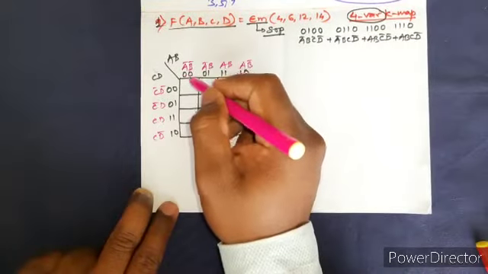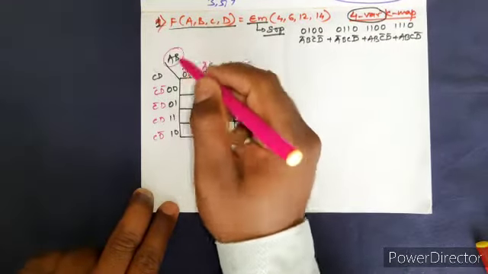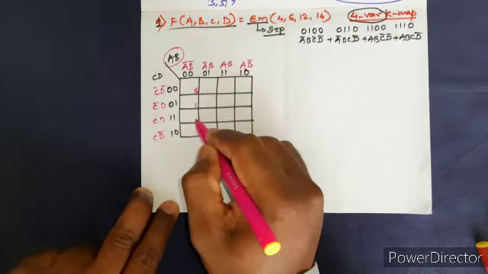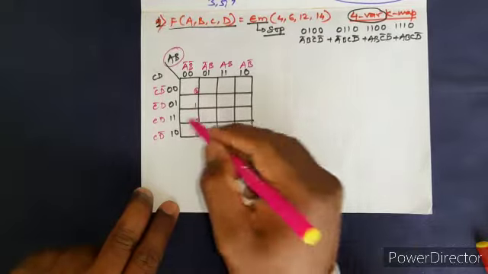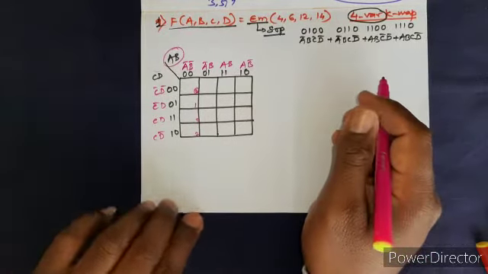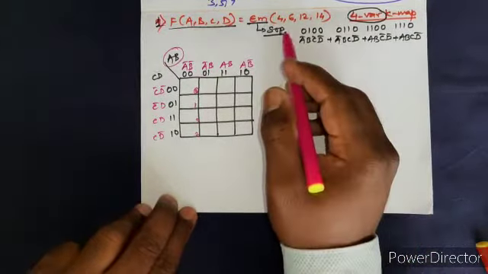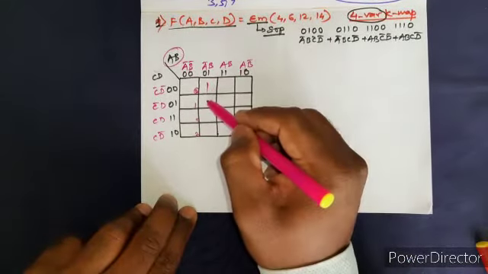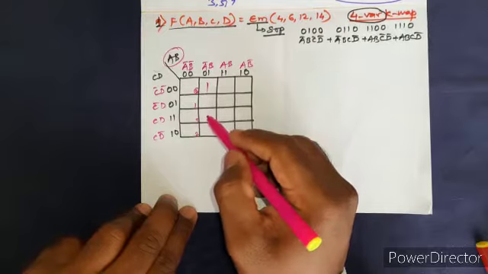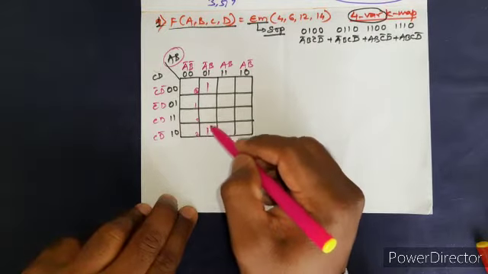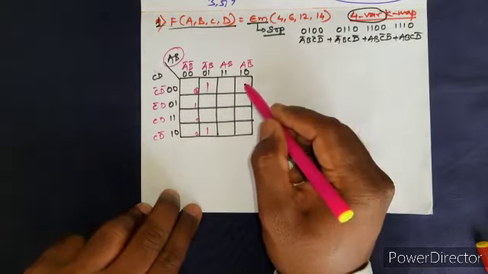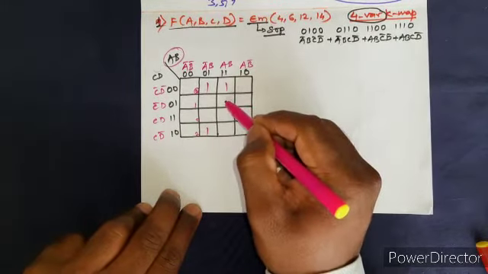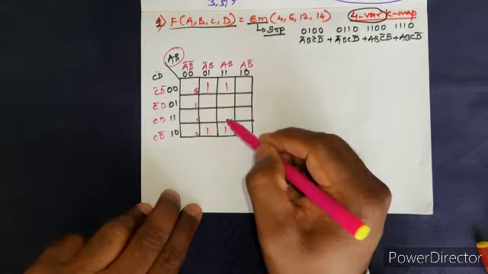Since AB is on the upper side, this cell is 0, then 1, 2, 3, and it goes on this way. So 0, 1, 2, 3, 4, 5, then we have 6, 7, 8, 9, 10, 11, 12, 13, 14, 15.